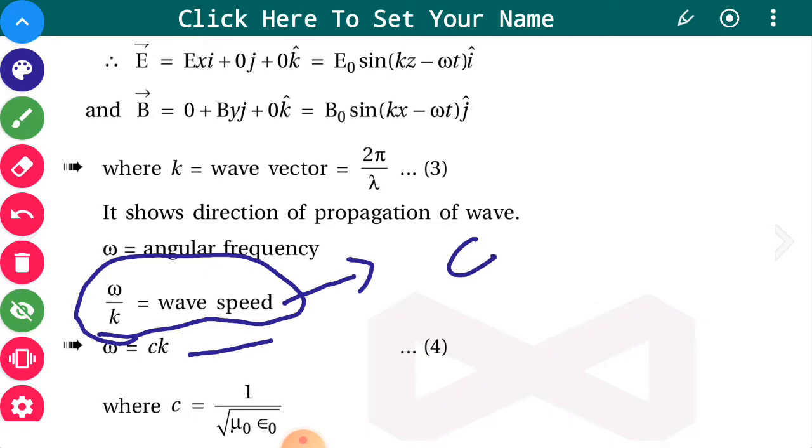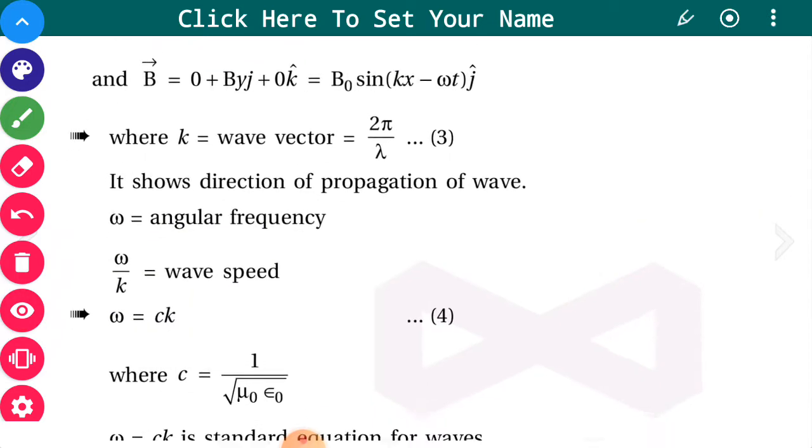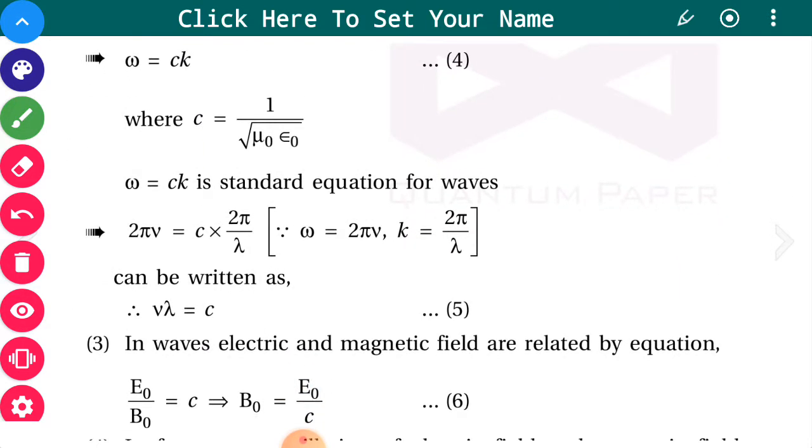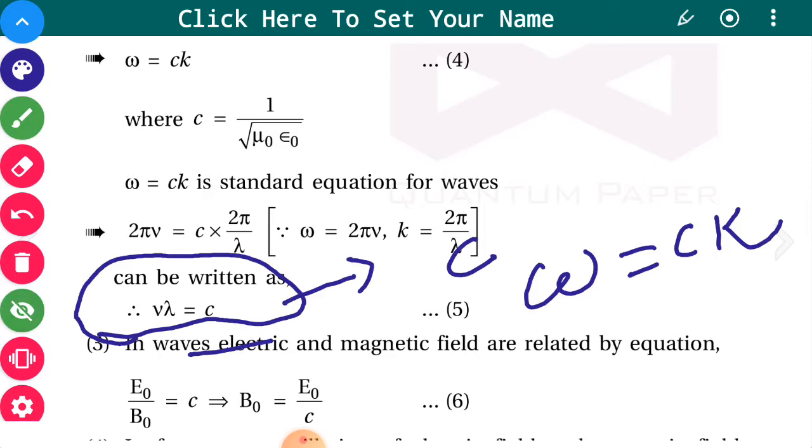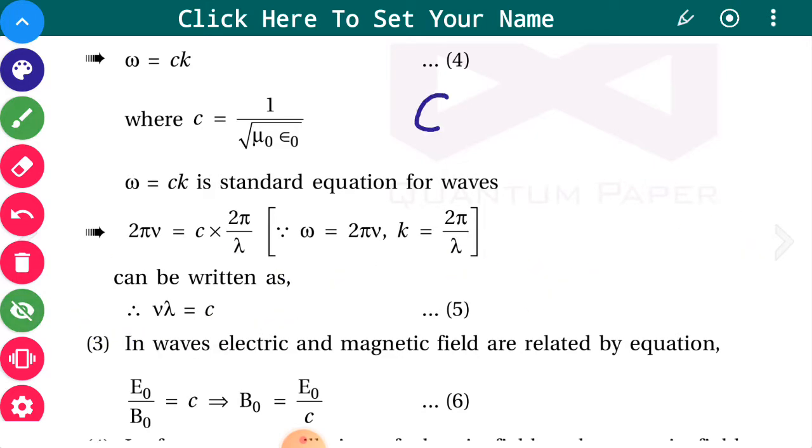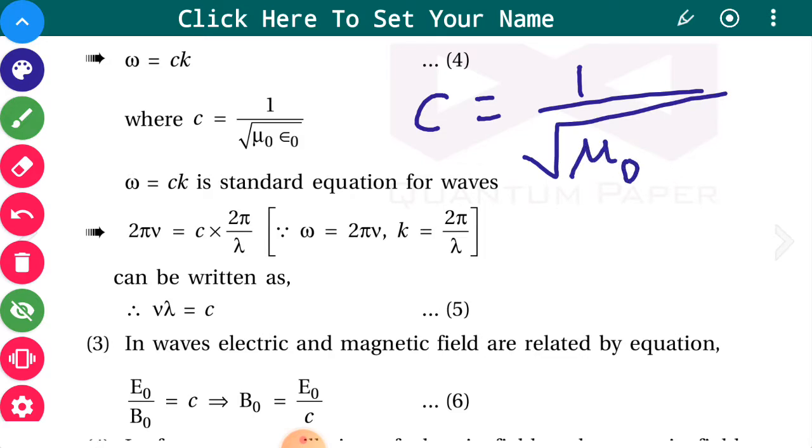So ω = ck, where c = 1/√(μ0 ε0), the speed of light, 3 × 10^8 meters per second, which is one over the square root of the permeability and permittivity of vacuum, μ0 ε0. ω = ck is the standard equation for the wave.